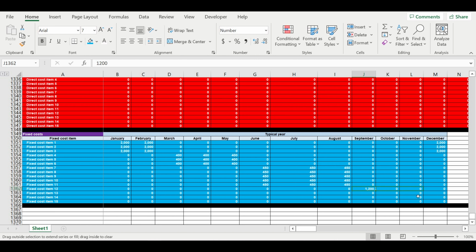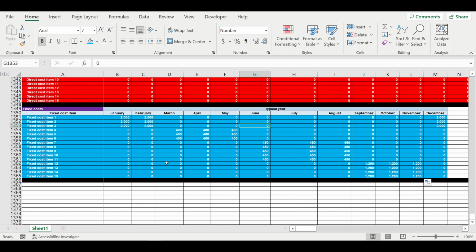Also, some fixed cost items may have some specific algorithm. For example, let's increase the number of lines, and I will show you some other examples.